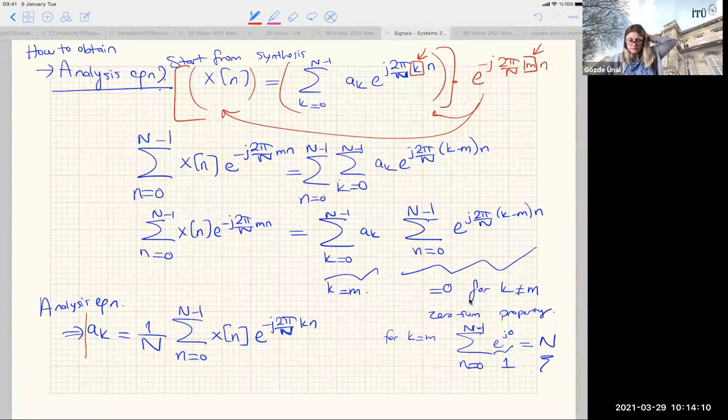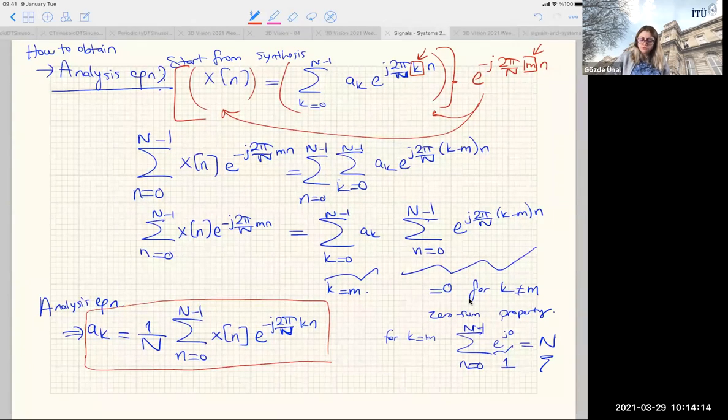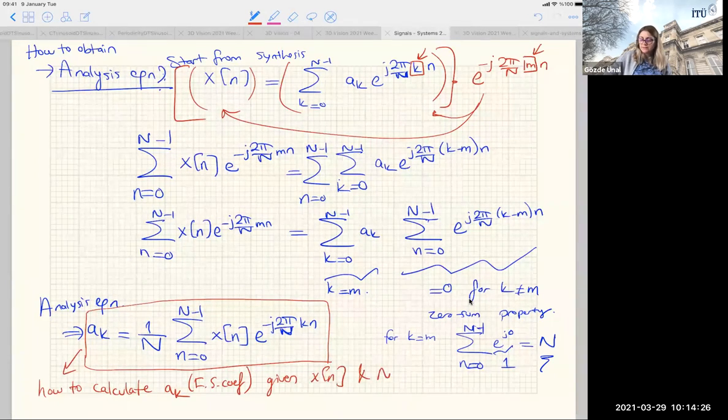Okay, so this is how to calculate Fourier series coefficients given a signal x of n, and of course we should define its fundamental period. Now there is a specific property for these ak in discrete time.